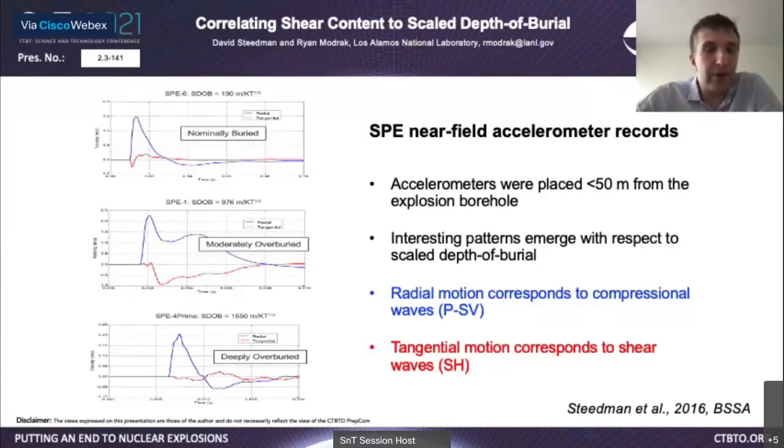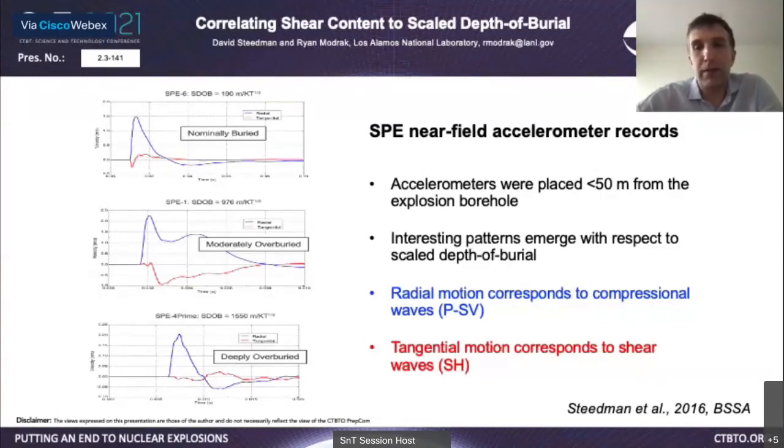So varying scale depth of burial, it turns out, causes some quite pronounced changes, even in this very close vicinity to the explosion. The second thing is that both the radial and tangential components of motion were recorded and are being plotted here. And this is significant because we can use this to make inferences about shear wave generation.